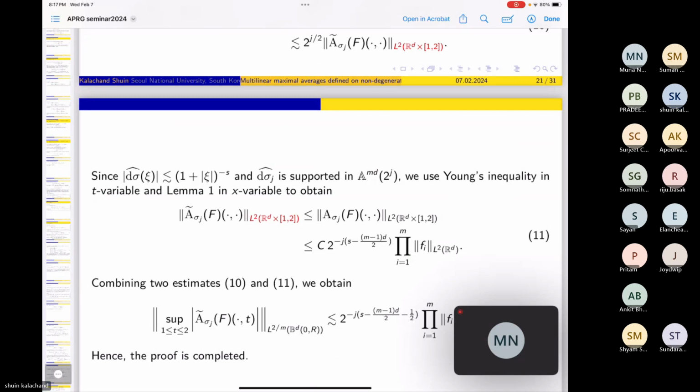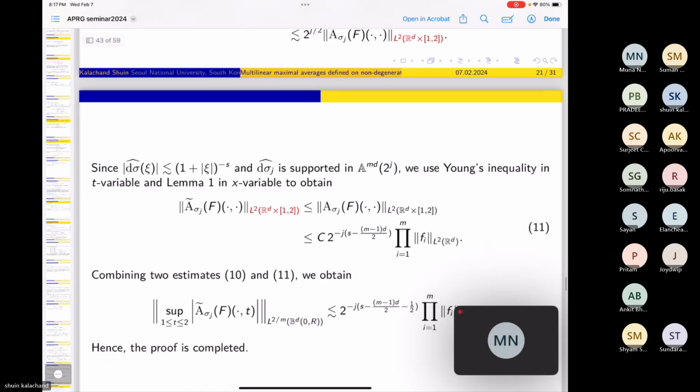So using Young's inequality with respect to the t variable, the L2 norm can be dominated by the L2 norm of A sigma j, because A sigma j tilde is nothing but A sigma j convolved with phi, some smooth function.